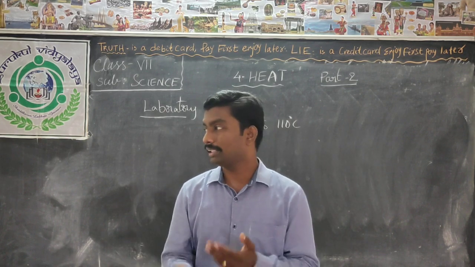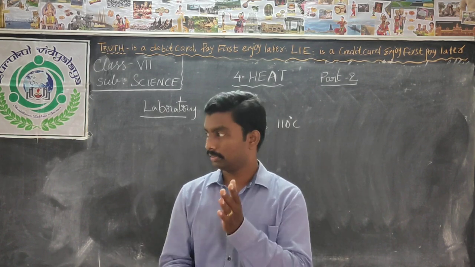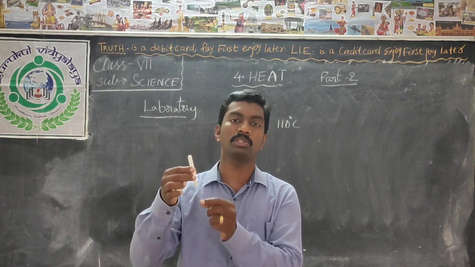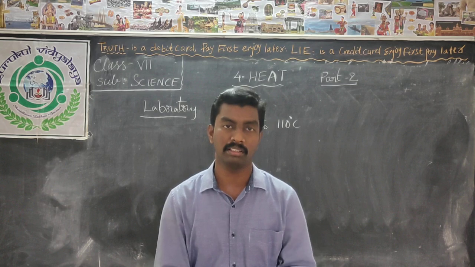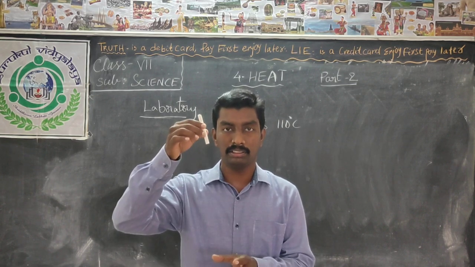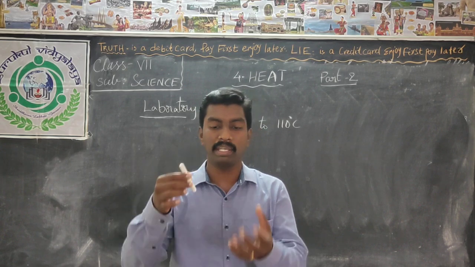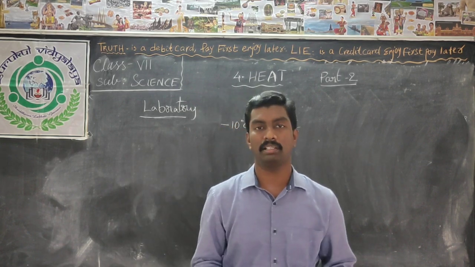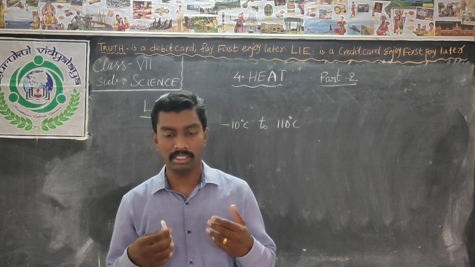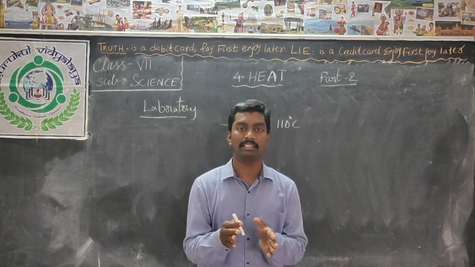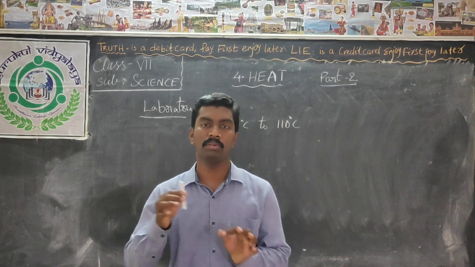Whenever we are doing this type of activity, the laboratory thermometer's bulb should not touch the bottom of the beaker. The surface of the container should not touch the bulb of the thermometer.